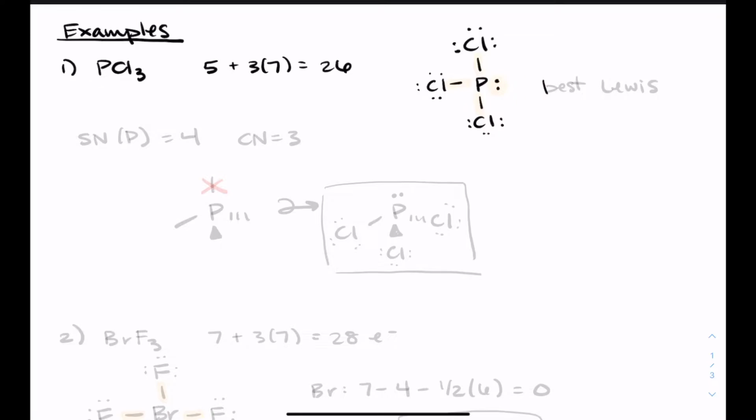Now, translating this into a VSEPR structure, I'm going to count the number of things around phosphorus. So we're only going to worry right now about the geometry around the central atom. So phosphorus has 4 things around it. It has 3 chlorines and 1 lone pair.